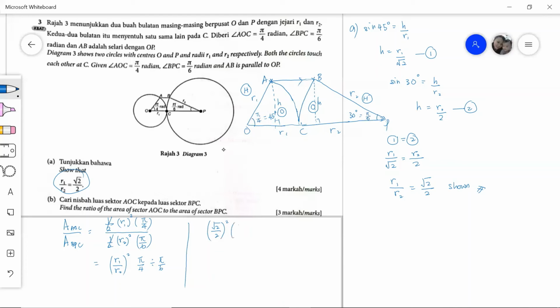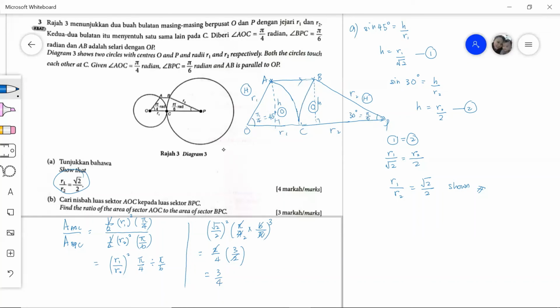And then we take pi over 4 times 6 over pi. This and this can be simplified, so this is 2, this is 3. And therefore, we have 2 over 4 times 3 over 2. So we will have 3 over 4.